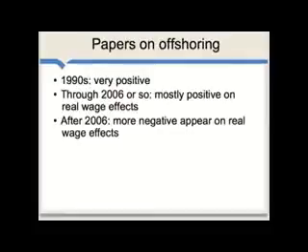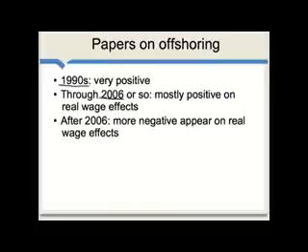To make it all more complicated, the conclusions you'll find in papers on offshoring may depend on when the paper was published. So if you read papers from the 1990s, they tend to be very positive about the wage effects of offshoring in the wealthier country. Papers through about 2006 or so, they're mostly positive on those wage effects, but they're beginning to be more skeptical.